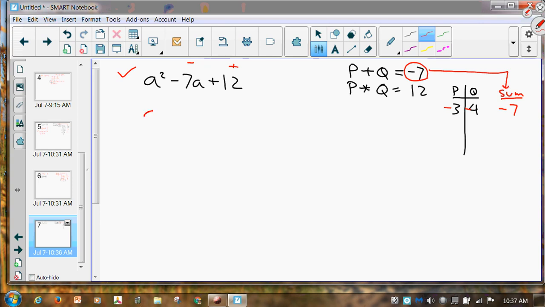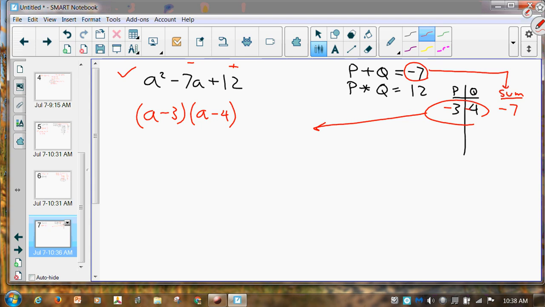So when I factor this, I would have a minus 3 times a minus 4, and that would be my result, okay? So that goes over there, right? All right. So that's factoring where the leading coefficient, the a term of the quadratic, is equal to 1.